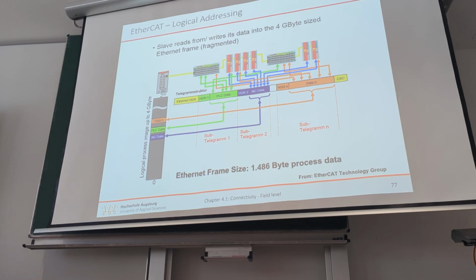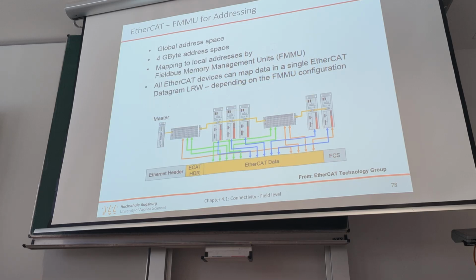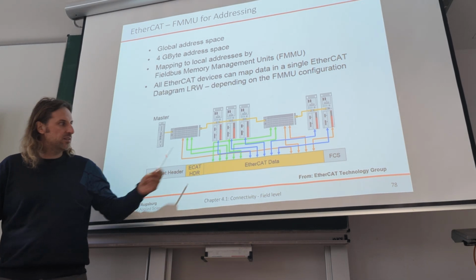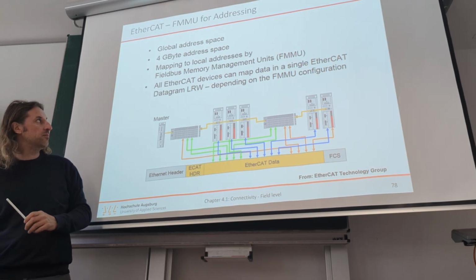If you want to go to higher frequencies than that, then with Ethernet itself, if you want to send out data, you somehow have to create that EtherCAT data frame.